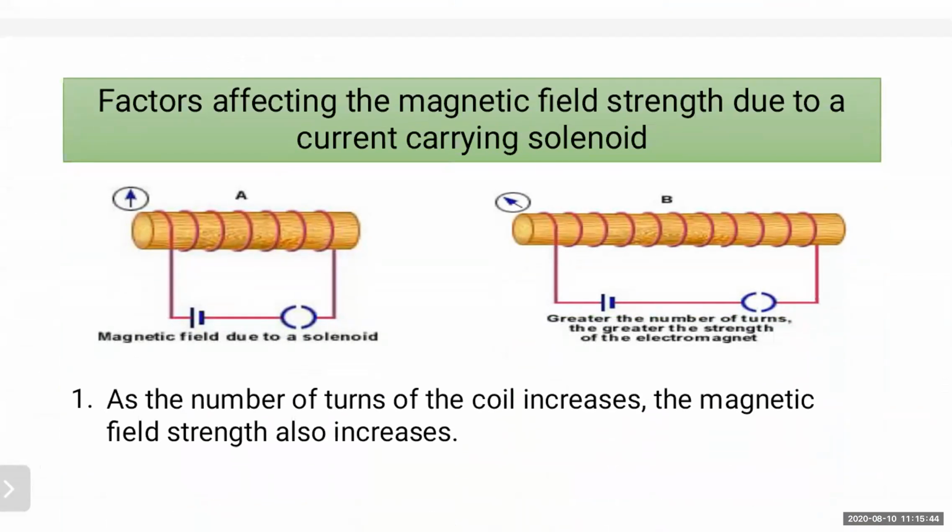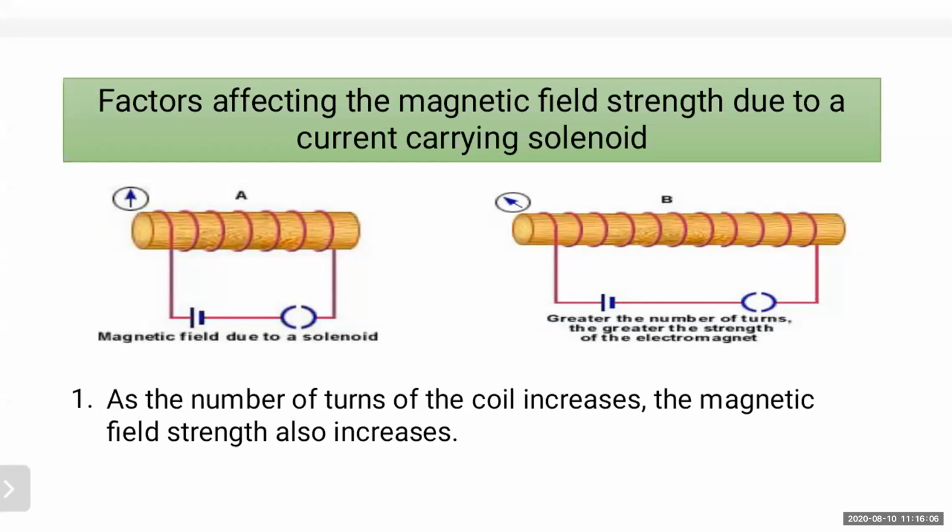The number of turns, look at that figure. There is a difference between the two figures. Look at the number of turns, number of loops. Okay, so magnetic field due to a solenoid. Here, which are the factors affecting the magnetic field?